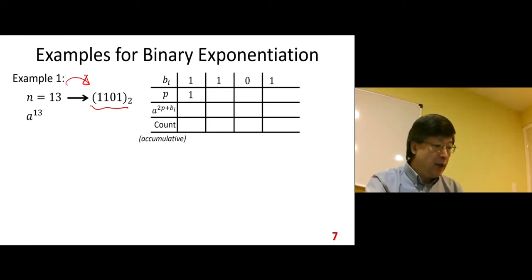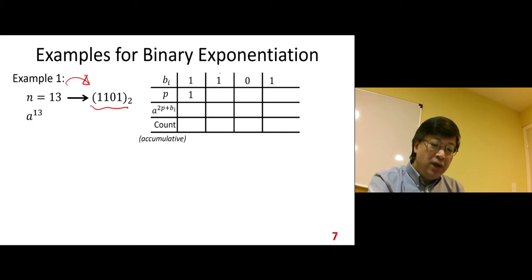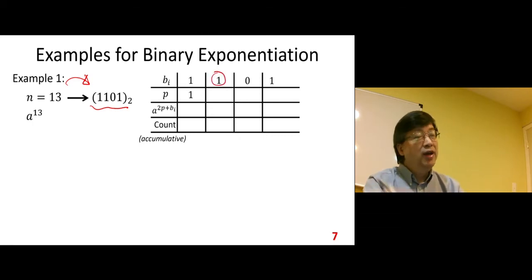All right, let's do the work. First, look at BI minus 1. It is 1. It tells us 2P plus 1. So this is the initial value, because the most significant bit is also 1.